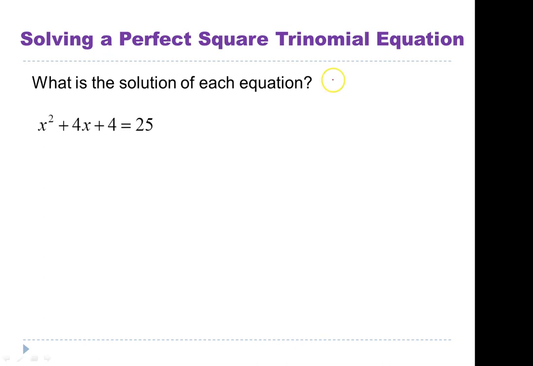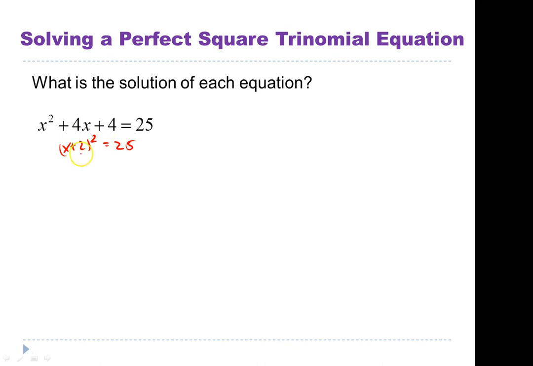So if you have a perfect square trinomial, like x squared plus 4x plus 4, which can be factored to x plus 2 quantity squared, still equals 25. We could actually take the square root of both sides of this to solve this.